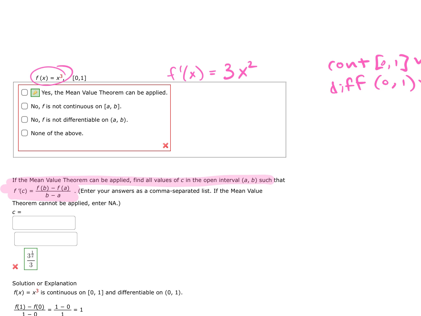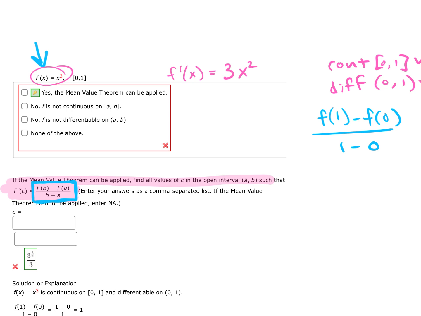So we need to find the slope of the original function. Once we find that value, we set it equal to the derivative. So we want to find f of 1 minus f of 0 over 1 minus 0. When I plug 1 into my original function, notice it's just f of 1, not f prime of 1.